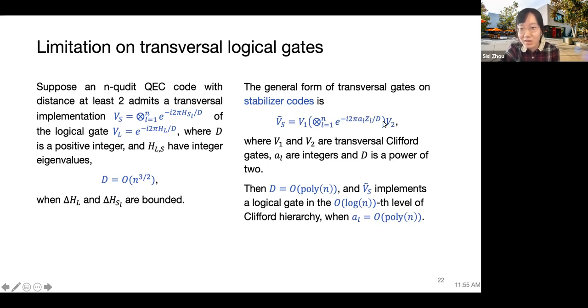Again, we can show that D grows at most polynomially. Basically, it means that it goes to at most the log n level of the Clifford hierarchy when A is polynomial with respect to n.